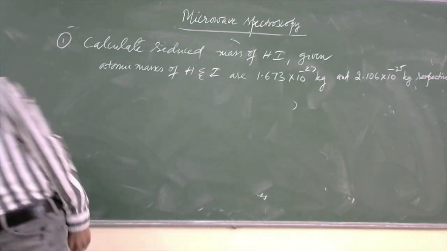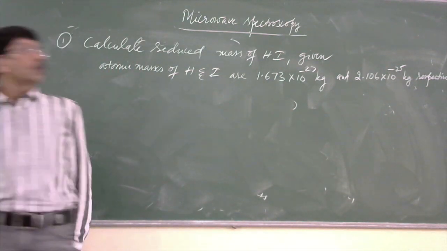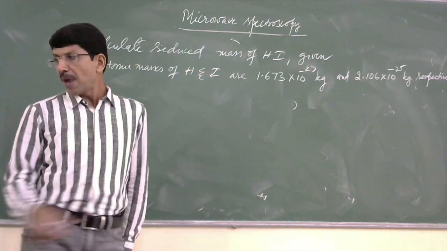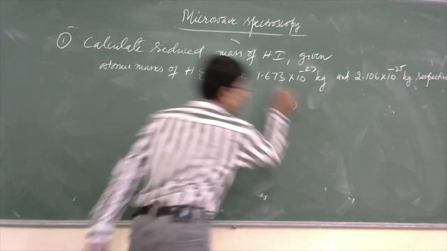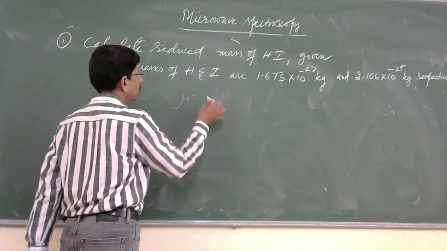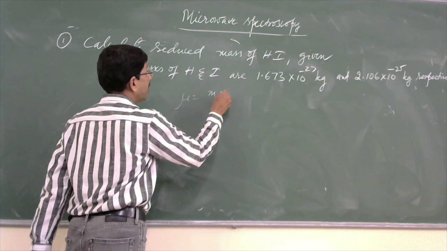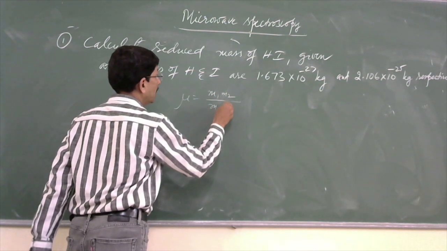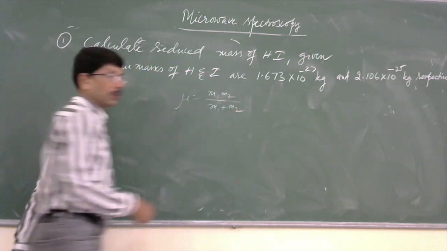This is the problem. So we have to calculate reduced mass. We know the expression for reduced mass, that mu is equal to m1 m2 divided by m1 plus m2.